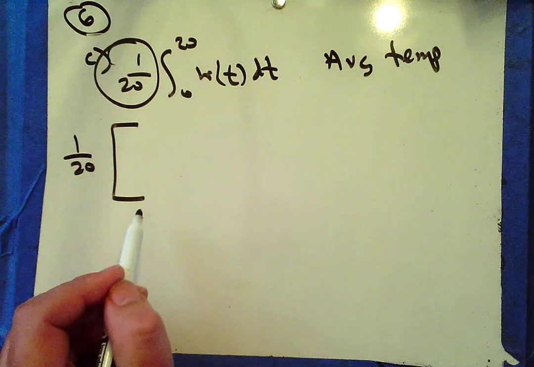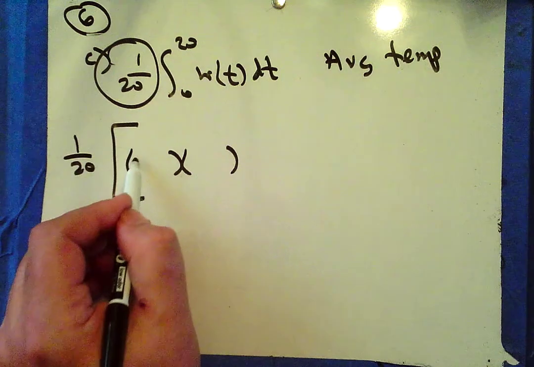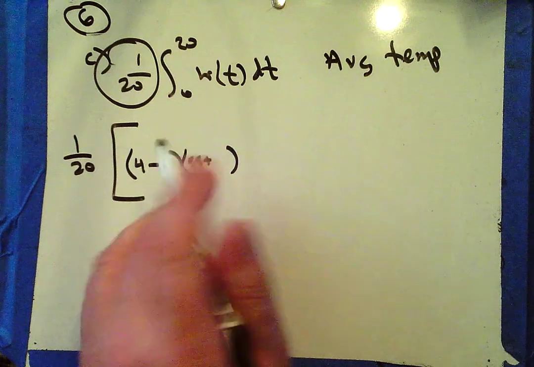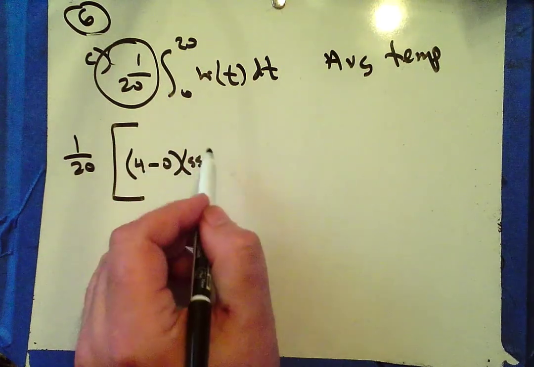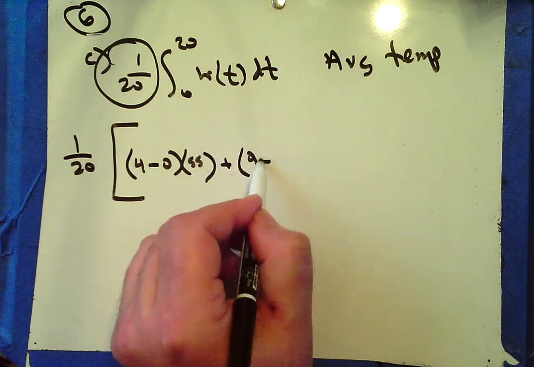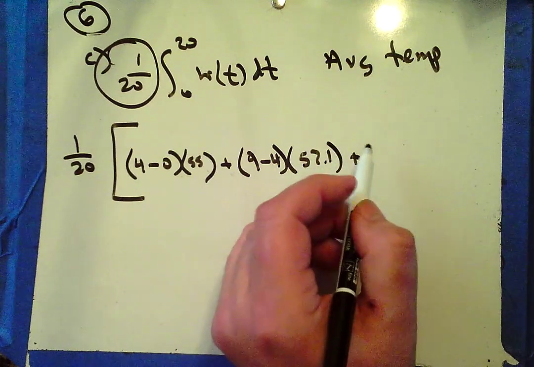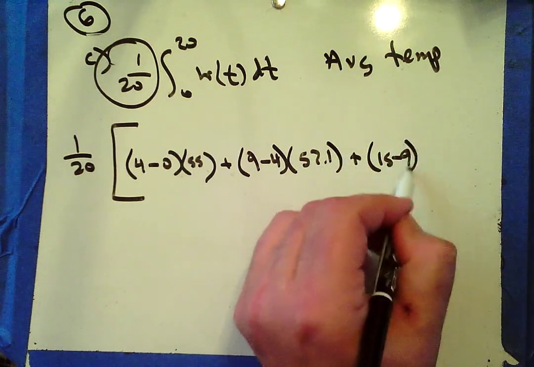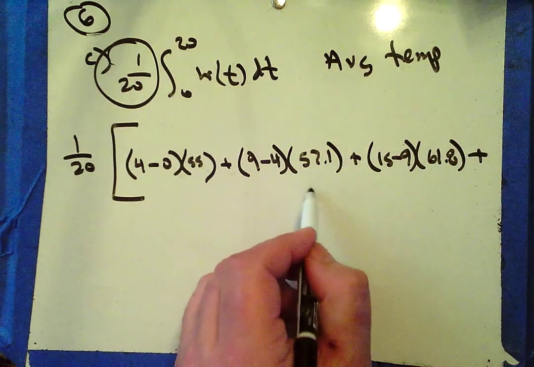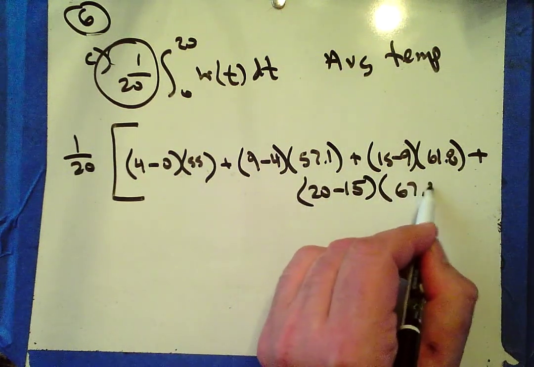The subinterval widths are not the same, so I'm just going to need to do the area of 4 separate rectangles here. I've got 4 minus 0, and I've got 55. Oh, it's a left Riemann sum, sorry. Done so many trapezoid sums, I was starting to do that. And then the next rectangle, 9 minus 4 times the left side, 57.1, plus 15 minus 9 times the left side, 61.8, plus 20 minus 15 times the left side, 67.9.